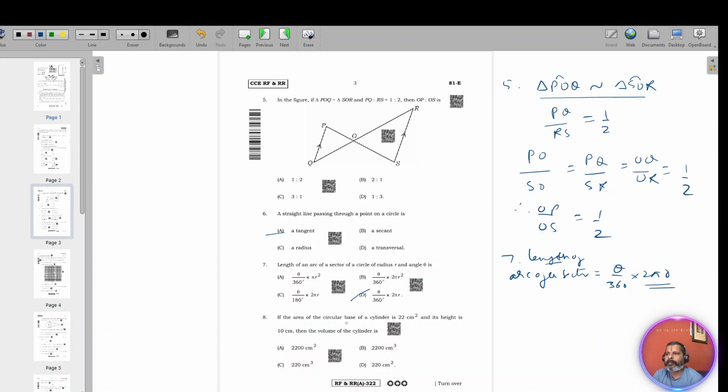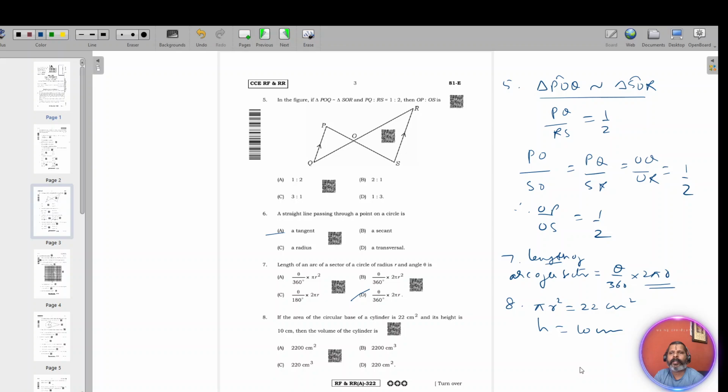If the area of the circular base of a cylinder is 22 centimeter square, the area of the circular base is pi r square, given as 22. Height is given as 10 centimeter. Find the volume of the cylinder. Volume of the cylinder is pi r square h.